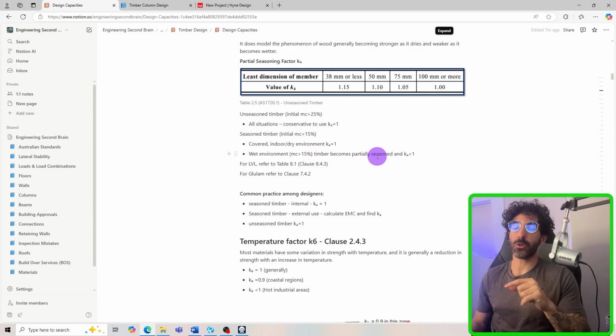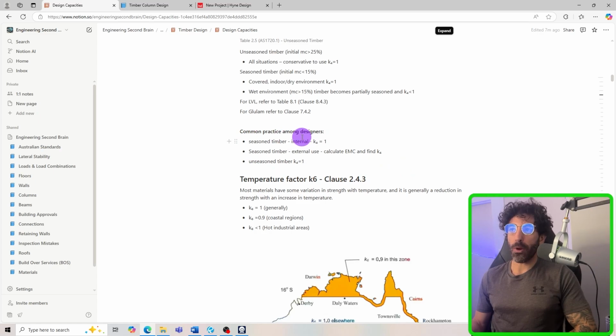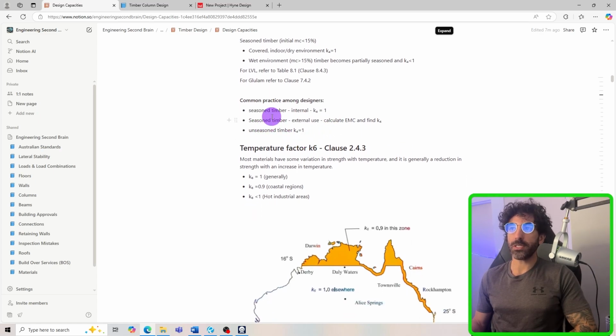And sometimes it could go down as low as 0.7. And then for LVL, you just refer to table 8.1. And for glulam, you refer to clause 7.4.2. Or you can refer to the manufacturer specifications as well. A common practice among designers: seasoned timber, if it's internal, K4 equals 1. If that seasoned timber is used externally, you have to calculate K4. And for unseasoned timber, we just use K4 equals 1.